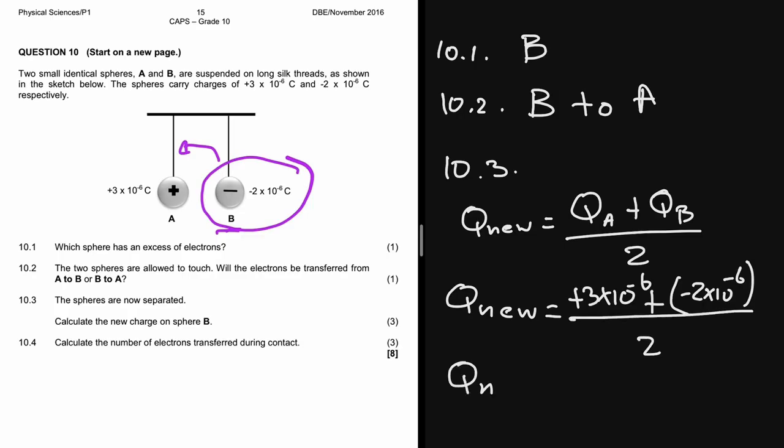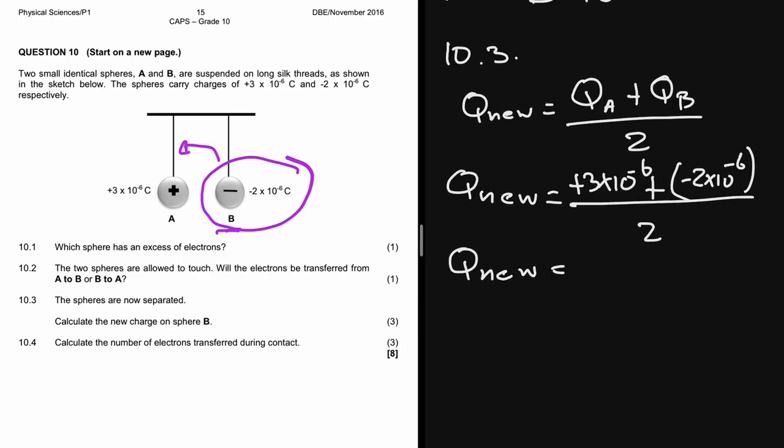So we get 3 times 10 to the power of negative 6 plus negative 2 times 10 to the power of negative 6, all divided by 2. The answer that we get is 5 times 10 to the power of negative 7 coulombs. So the new charge is 5 times 10 to the power of negative 7 coulombs.